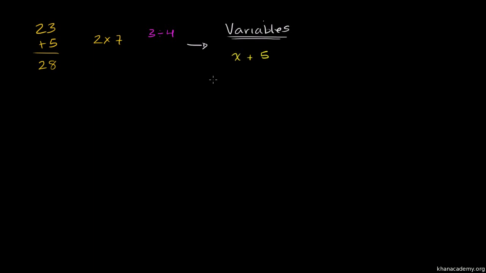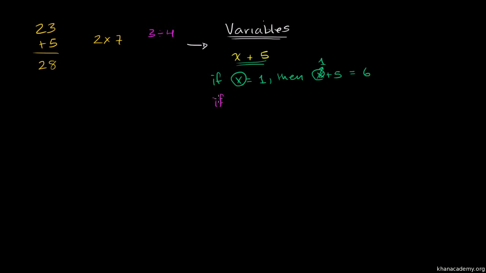If x is equal to 1, then x plus 5, our expression right over here, is going to be equal to 1 plus 5, because now x is 1. So x plus 5 will be equal to 6.